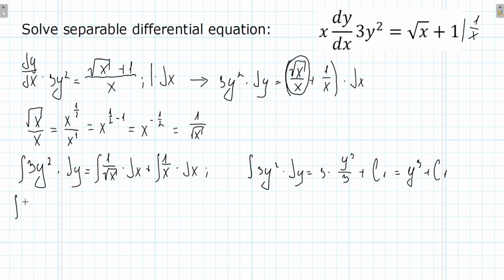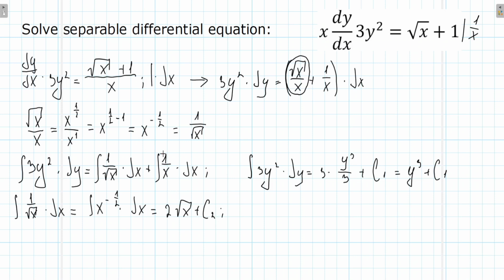Now the integral of 1 over the square root of x times dx is the same as the integral of x to the power of negative 1/2 times dx, which is equal to 2 square roots of x plus some constant c2.